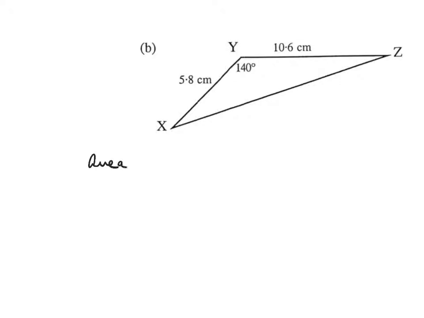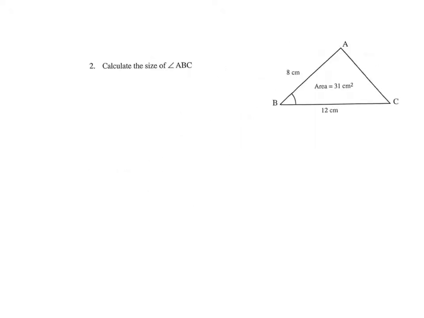Area equals 1/2 of 55.8 times 10.6 times the sine of 140 degrees, and that equals 19.8 centimeters squared.